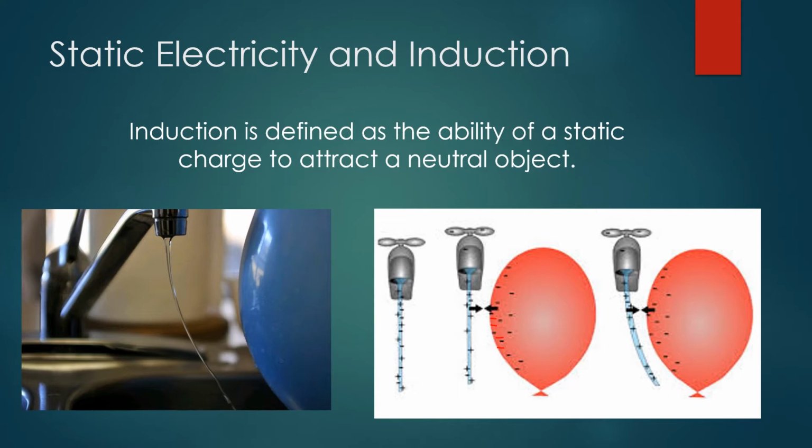Since opposites attract, that stream of water is going to follow your balloon as you pull the balloon away, because you have a negatively charged balloon and you have now induced a positive charge on the water. So by moving the negatively charged balloon away, that positively charged stream of water is going to curve towards the balloon and follow it.